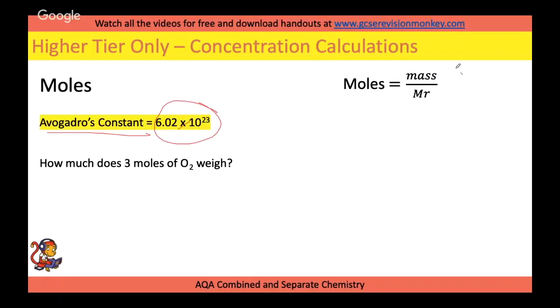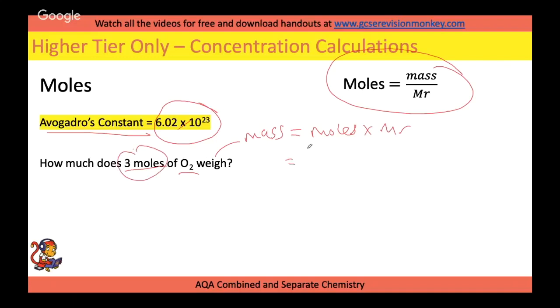So when we talk about this equation, moles equals mass over Mr. Mr is relative formula mass. So in this equation, it says, how much does 3 moles of oxygen weigh? Okay, so we want to find the mass. So we need to rearrange this equation to get mass equals moles times Mr. So mass equals moles, which is 3.